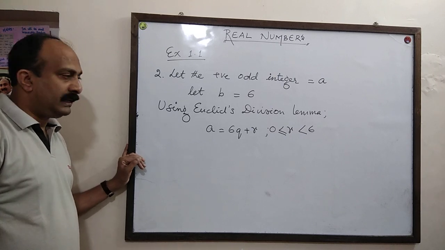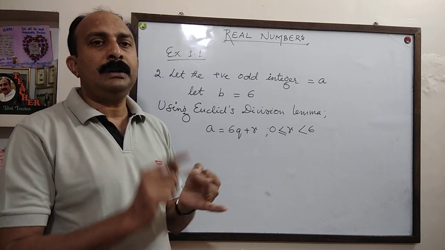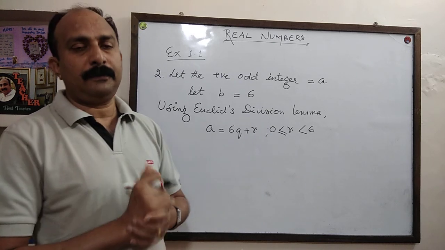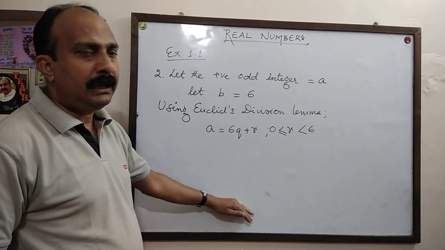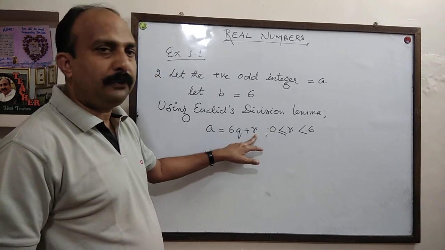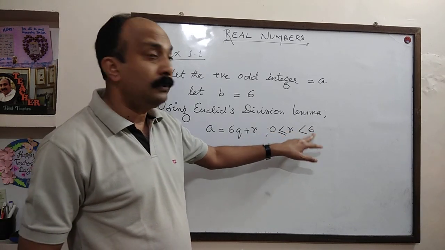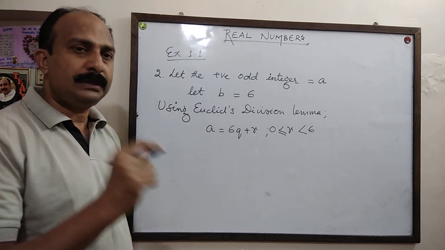Here the divisor is 6, so what are the possible remainders? 0, 1, 2, 3, 4, 5. So what are the possible ways of writing A? Now if I am expanding this by giving the values of remainder from 0 to 5, less than 6 but greater than or equal to 0.